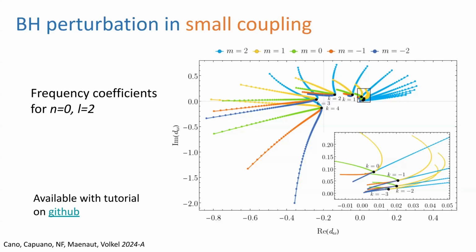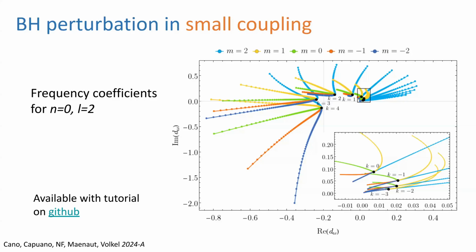And here in the plot, you can see the imaginary part versus the real part of the coefficients for the fundamental mode and n equals 2, and different colors refer to different azimuthal modes. You know that for spin equals 0, the azimuthal modes coincide. So the non-spinning case is given by these black dots.